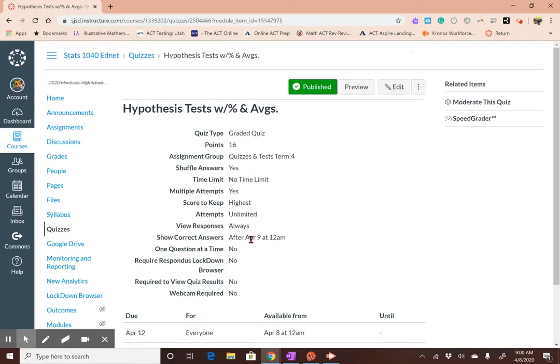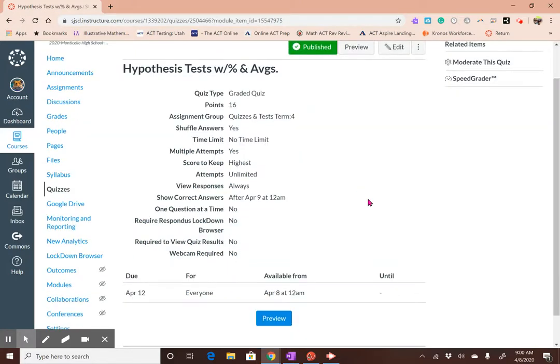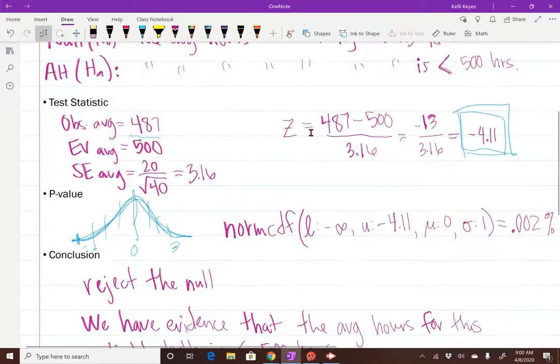The correct answers will be available tomorrow, so if you try it today, tomorrow you can see the correct answers and hopefully fix any that you missed. Or if you want to email me, I can totally help you. I just may be later in responding today because I'll be at the dentist. I'll upload these notes too.